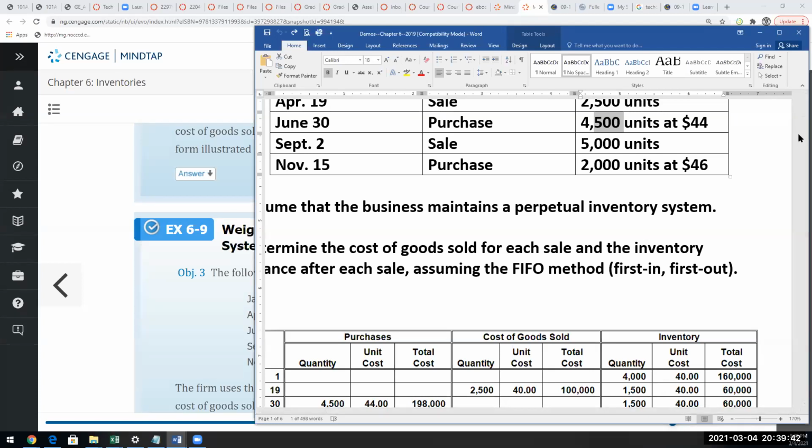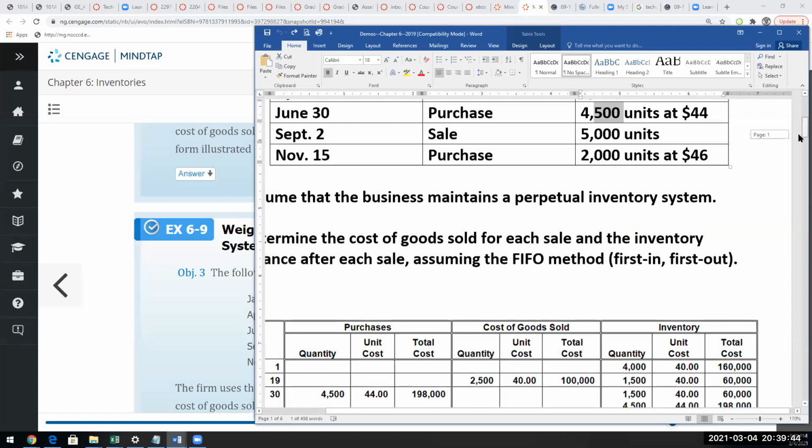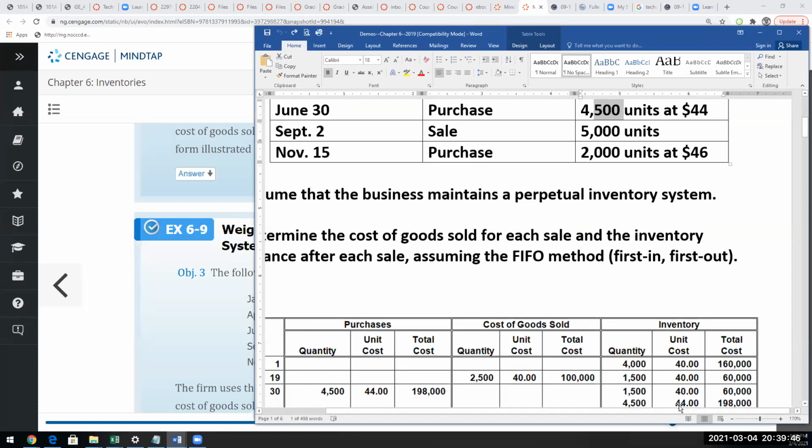But I'm going to add to that 4,500 of the $44 type. So I'm going to have $198,000. So if I add these two numbers up, that's the value right now of my inventory, according to my balance sheet. Any questions?